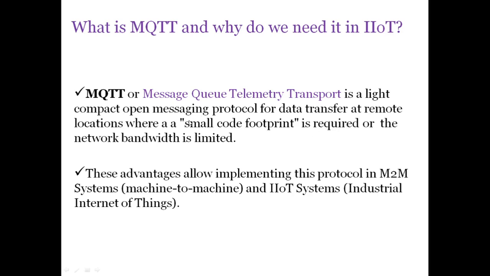It is also highly used where network bandwidth is very limited, so it is a best protocol. Those two advantages allow implementation of this protocol in machine-to-machine communication. As you know, machine-to-machine and industrial IoT are nowadays used on a large scale.